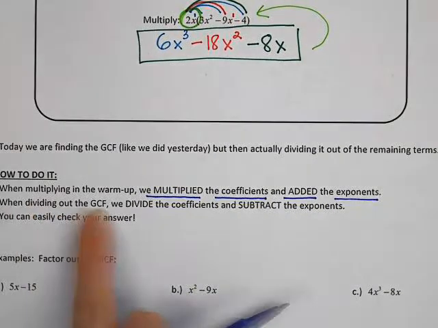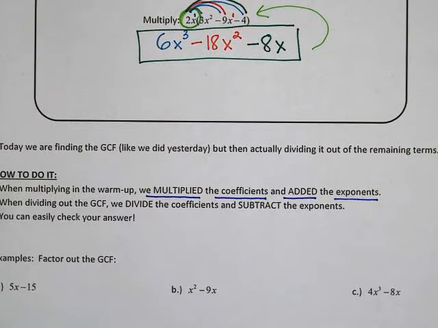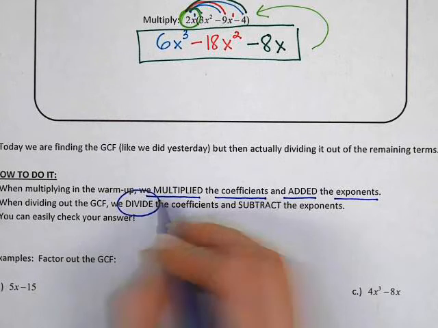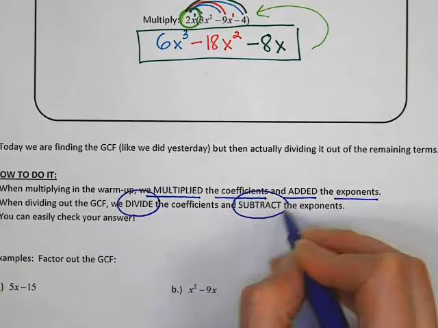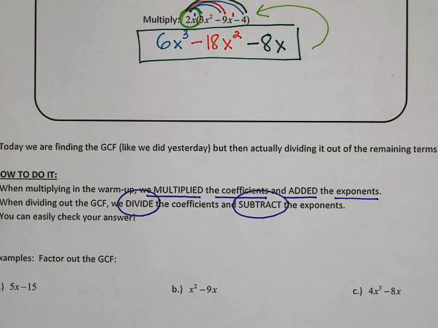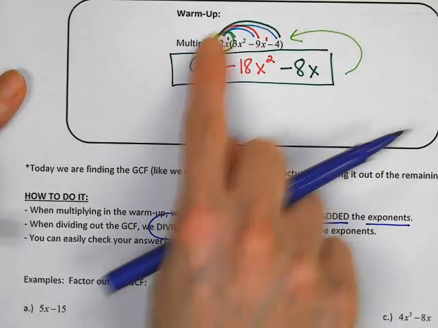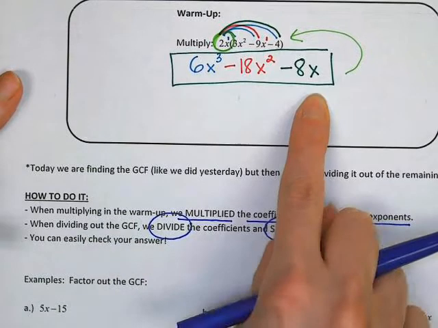When we divide out the GCF, we're going to do the exact opposite. We're going to be dividing the coefficients and subtracting the exponents. And if you ever want to check your answer, you're just going to redistribute it and you'll get back to where you started.